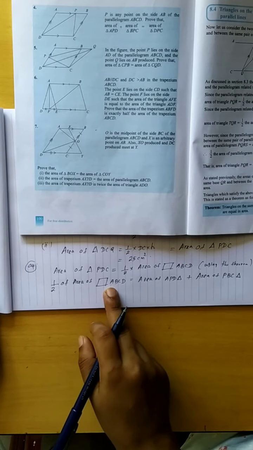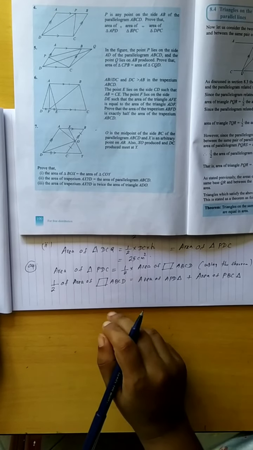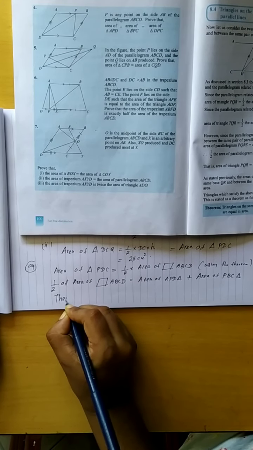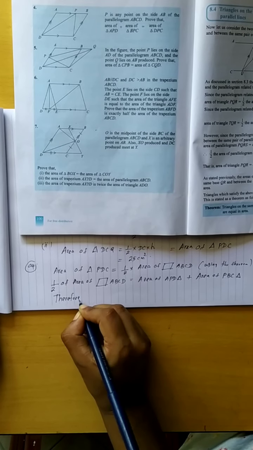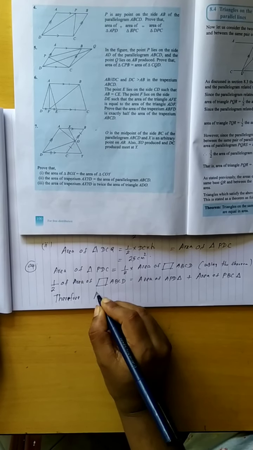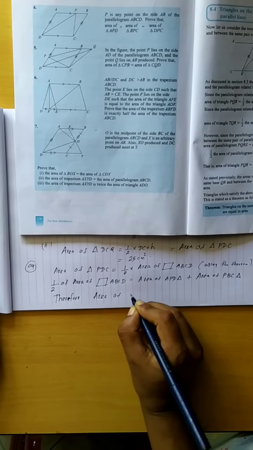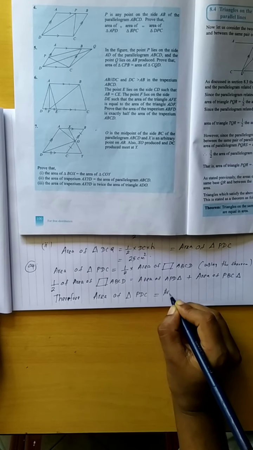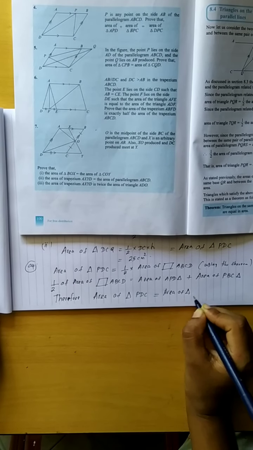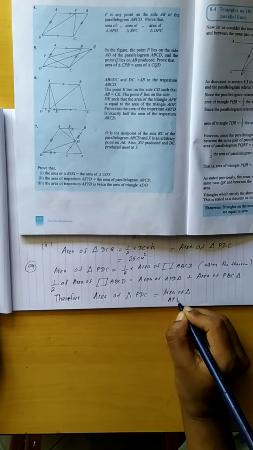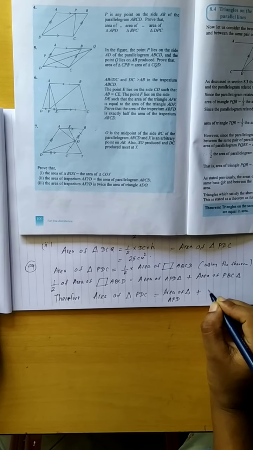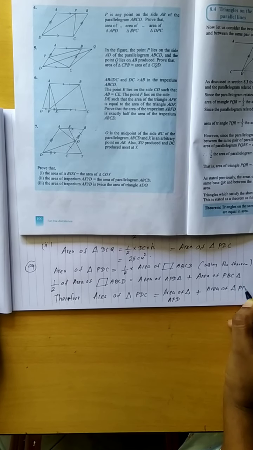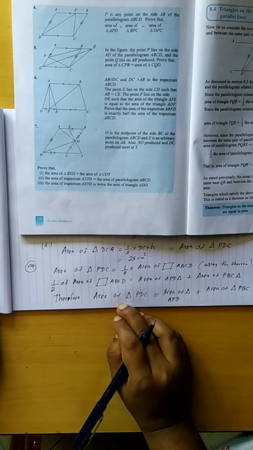The halves of the parallelogram are equal, therefore you can equate these two. Therefore, you can say area of triangle PDC equals area of triangle APD plus area of triangle BPC. This is what you have to prove.